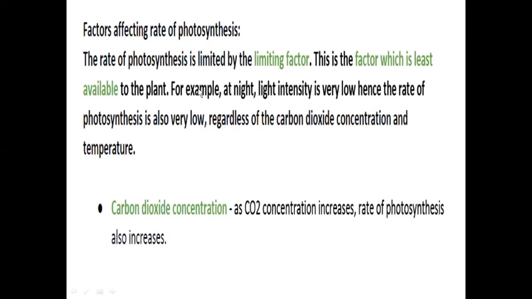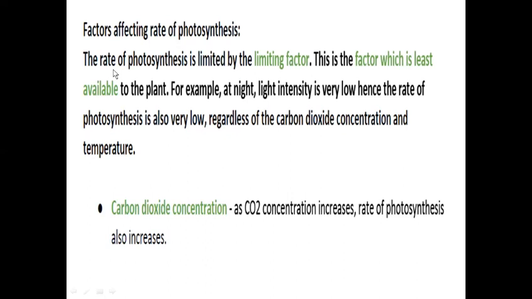If the minimum quantity is not available, then the process of photosynthesis will not proceed. So the rate of photosynthesis is limited by the limiting factor. When the minimum amount, for example of carbon dioxide gas, is available, then the process of photosynthesis will proceed. But if the minimum amount is not available, this process will not proceed.